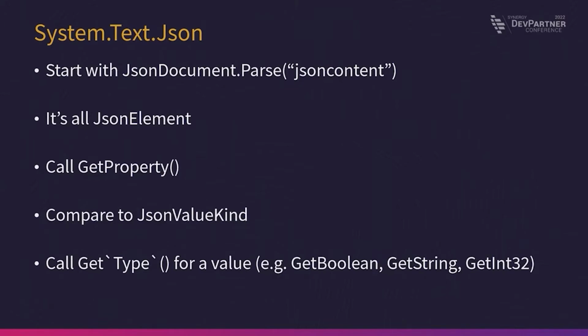If it's an array, you can index into the element with a standard array indexer to get the array members, which are also JSON elements. When you're not looking at an object, you can retrieve its value through get and the specific type name, like get boolean, get string, get int32, get decimal, etc.